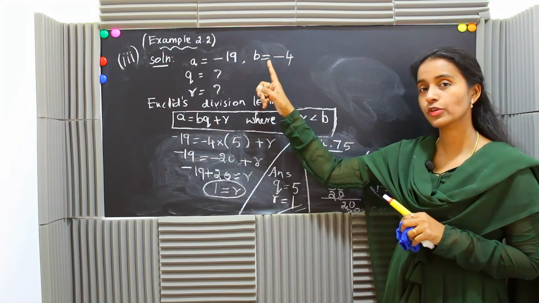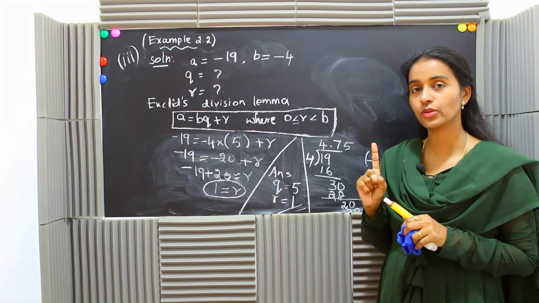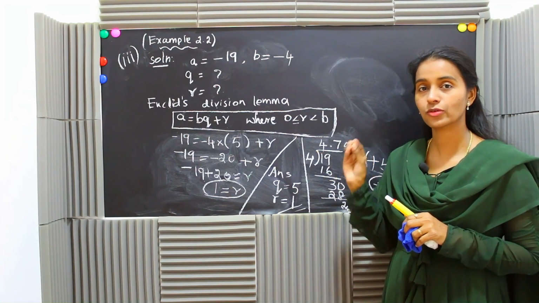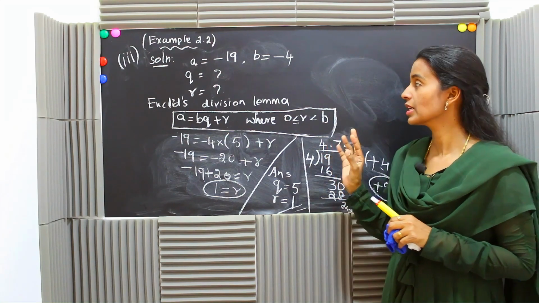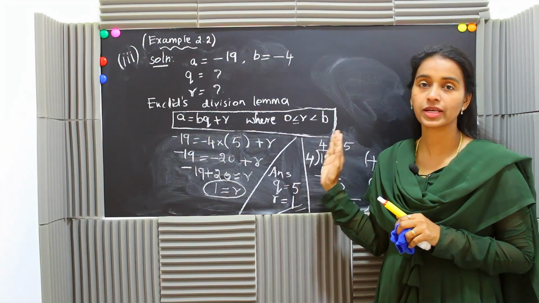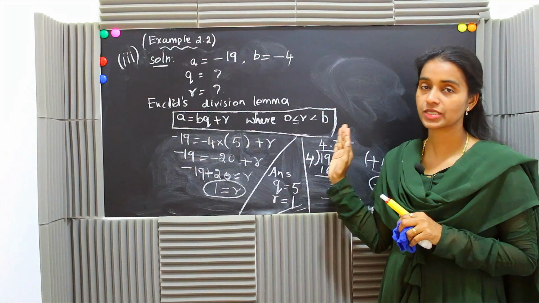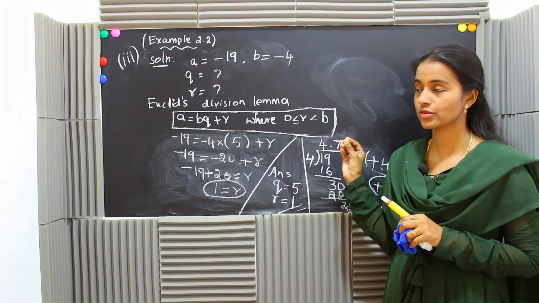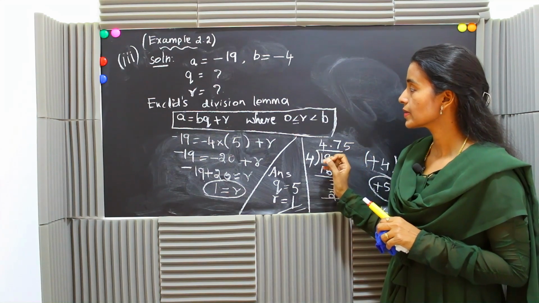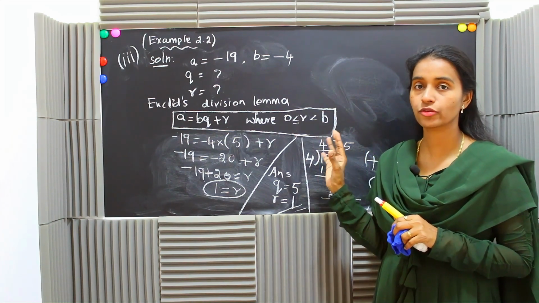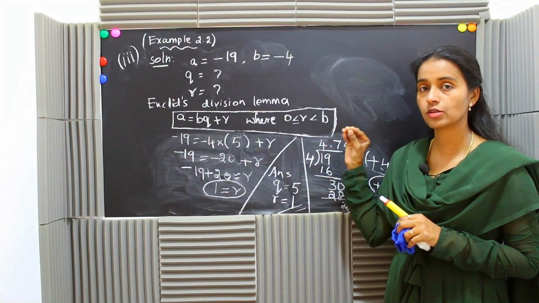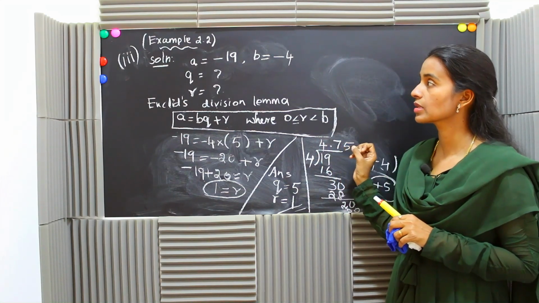And if only one is negative, either A or B, the quotient should be negative. And in all the cases, the remainder should be either 0 or a positive number. So that's the thing you have to remember. If you practice more, you can solve this problem easily.